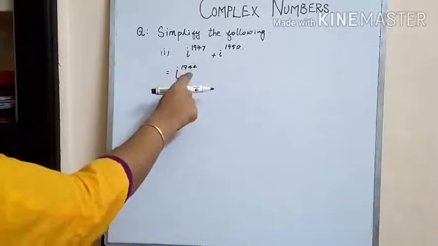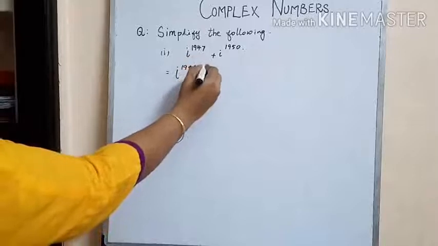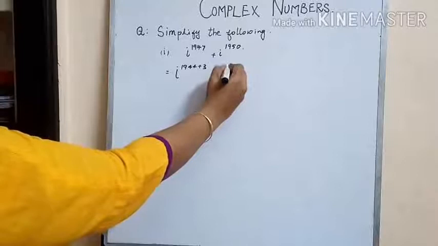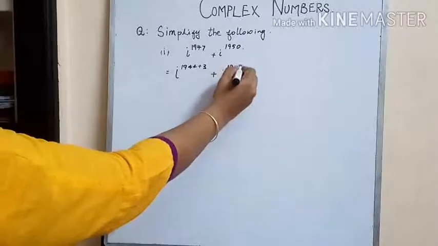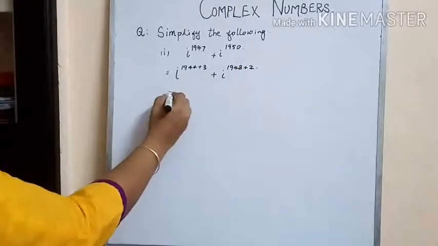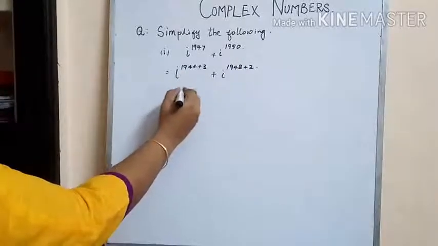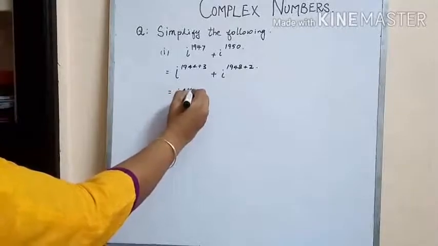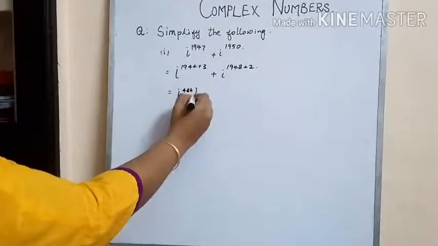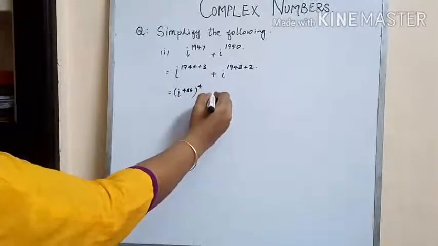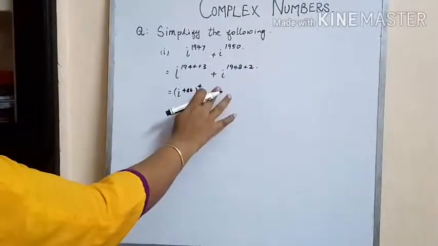So i to the power of 1947 can be written as 1944 plus 3, and 1950 can be written as 1948 plus 2. The next step is to write 1944 as a product of 4 and 486, so i to the power of 4, whole to the power of 486.